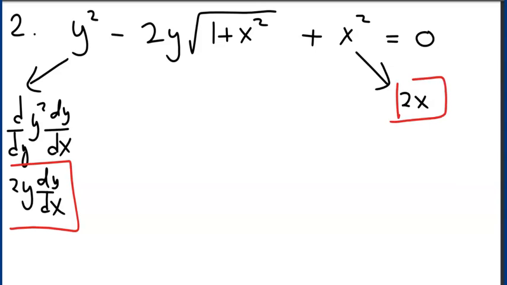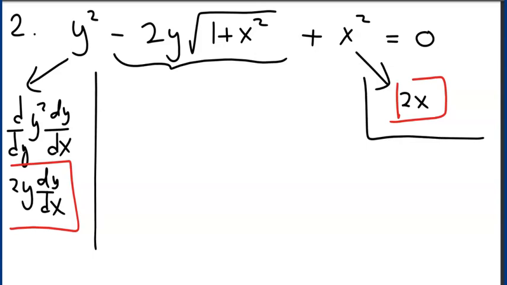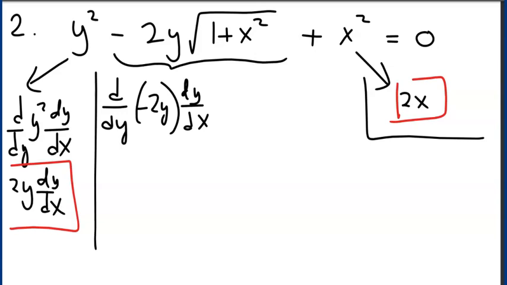Now let's do the middle term. We can rely on the product rule. Let's first differentiate the first term, which is minus 2y. That's going to give you d/dy of minus 2y times dy/dx. And then you just write down the second term.